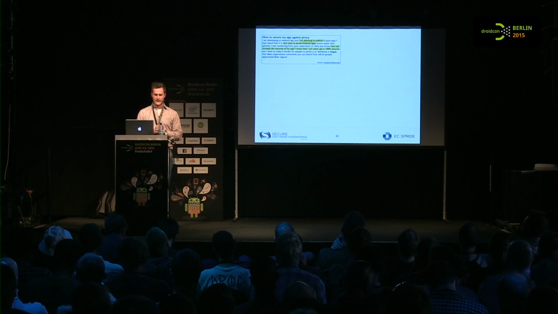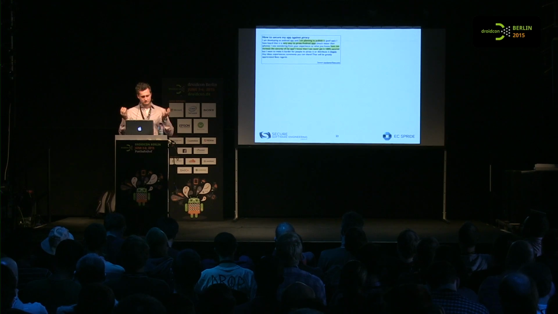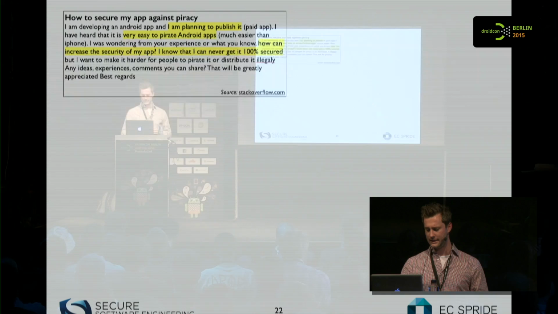So let's sum up my talk. I talked about the initial problem that a lot of people try to obfuscate the code and use different techniques, which you all know. But the big question is: is it possible to reverse engineer the app easily?